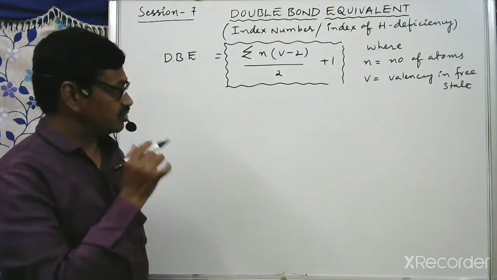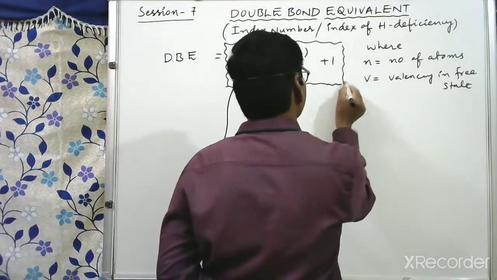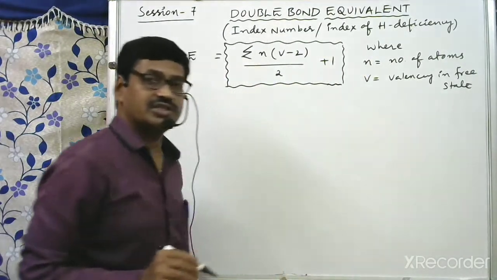So by using this, we can expect the total number of structural isomers.